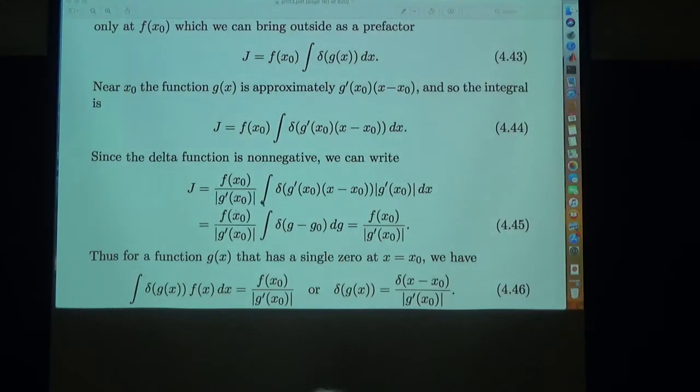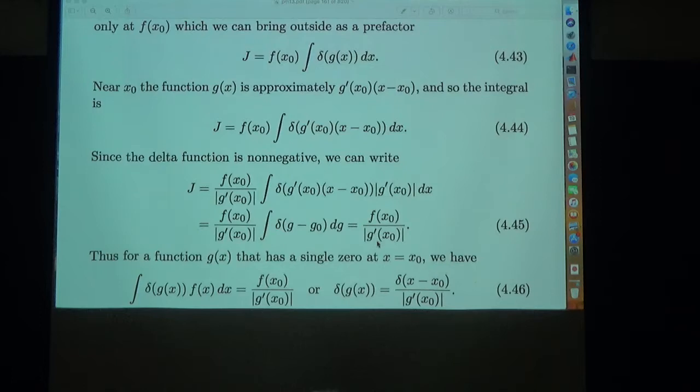And then we can multiply and divide by the absolute value of g prime of x0. And now this thing here is how g is increasing. This is essentially dg. In other words, g prime dx is dg. And this thing here is delta of g minus g0 dg. And so this just integrates to 1. And so the whole integral J is just f of x0 over the absolute value of g prime of x0.